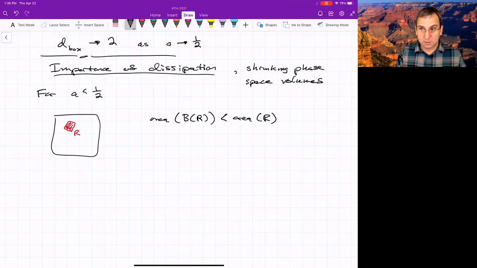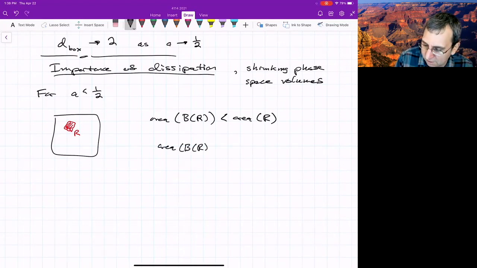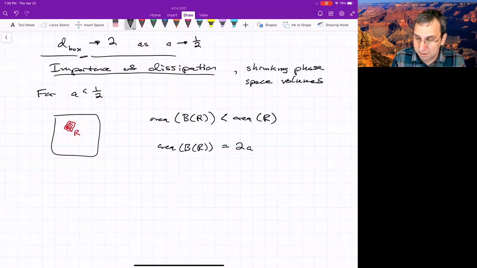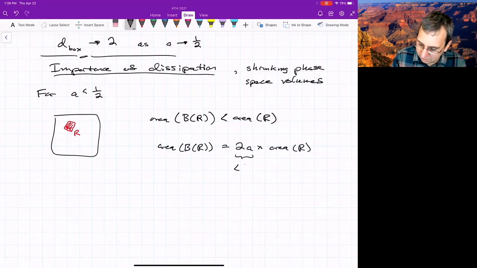So this just follows from geometry. The Baker's map elongates R by a factor of 2, then flattens it by a factor of a, and a is less than 1/2. So the area of BR is going to be 2a times the area of R, and this is always less than 1.